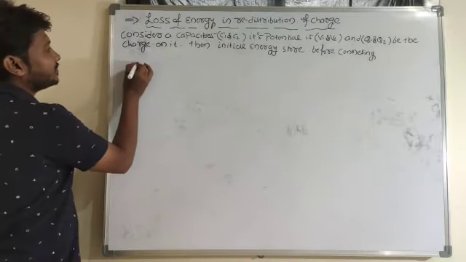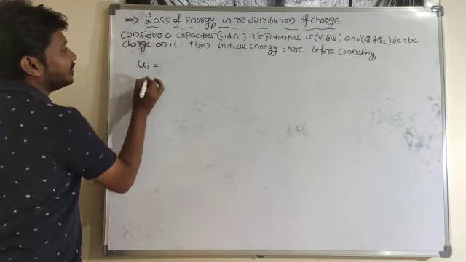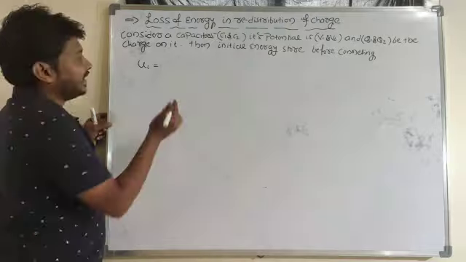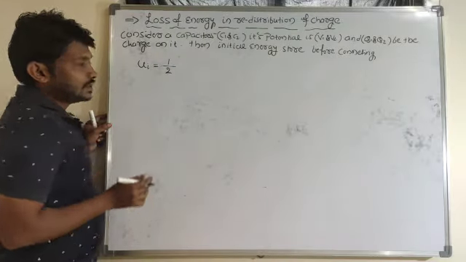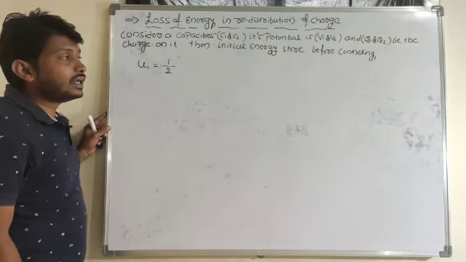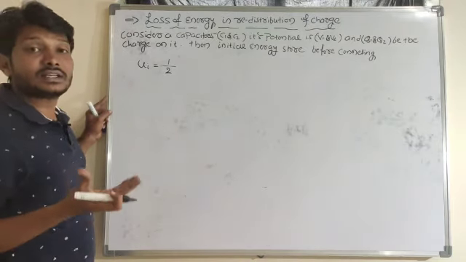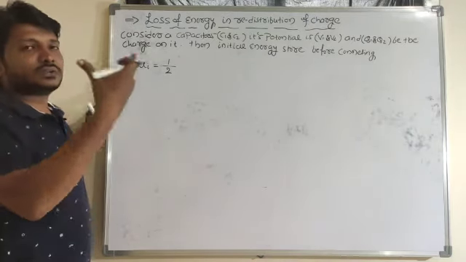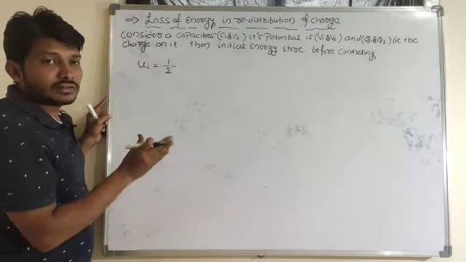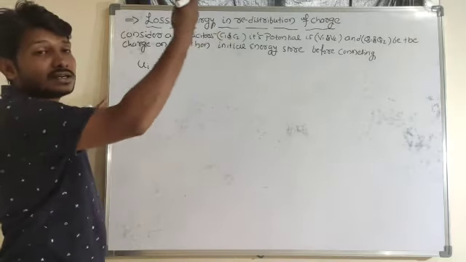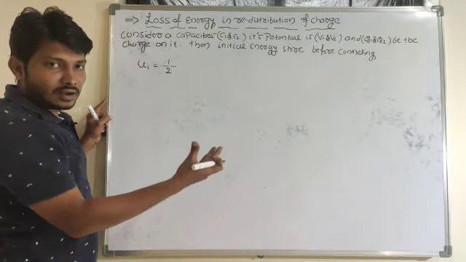For that purpose, first I will find the initial energy stored if these two capacitors are not connected. What is the mathematical expression for the energy stored in a capacitor? It is half CV squared. Three different forms are there, but I will consider half of C into V squared, because later I will connect these two capacitors in a parallel combination.